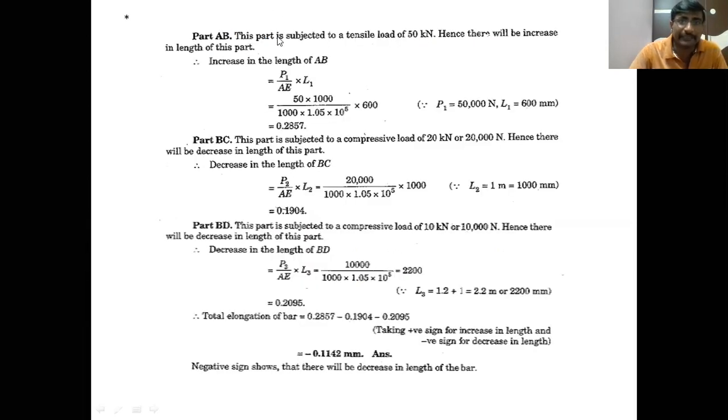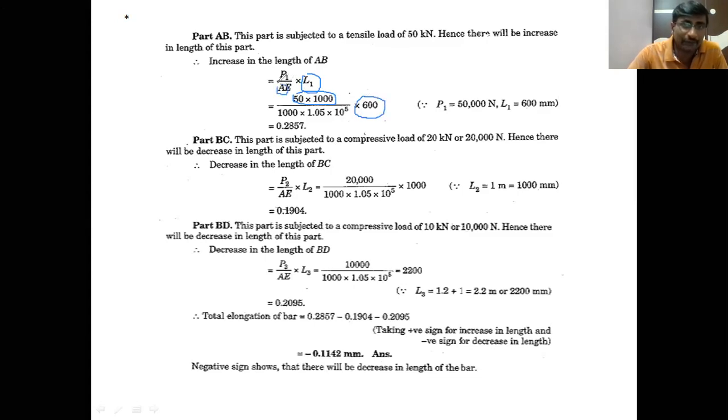The increase in length of AB is given by the basic formula PL by AE, where P is the load applied on that member, L is the length, A is the area, and E is Young's modulus. Load applied on the first member, P1, is 50 kilonewtons, that is 50 into 1000 newtons. L1, the length of the first section, is 600 mm, as given in the problem.